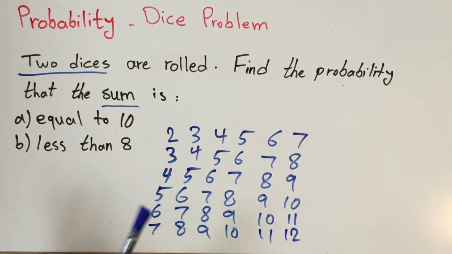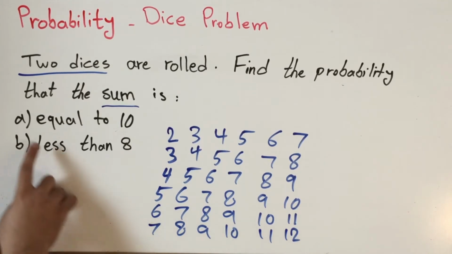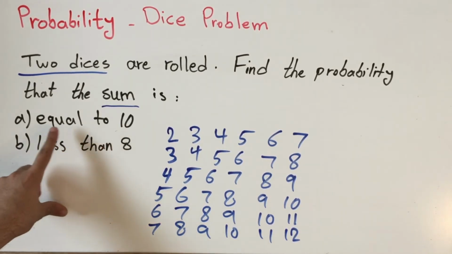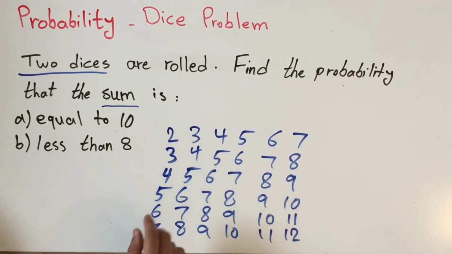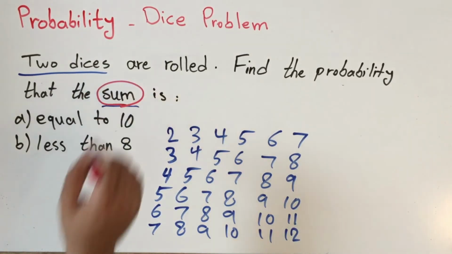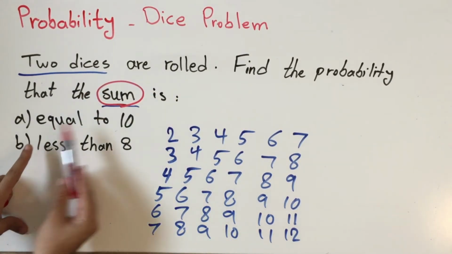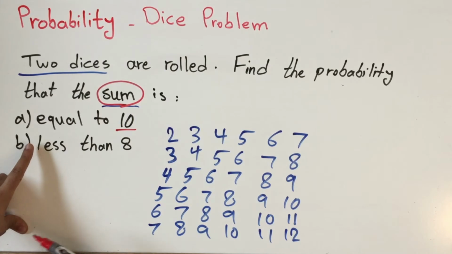Okay, now you have this table. It takes honestly 10 seconds to create this table. After that, look at the question. This table only works when they are asking about sum. So now it says the sum is equal to 10. Find the number 10 and circle them. How many tens do you see in this table?